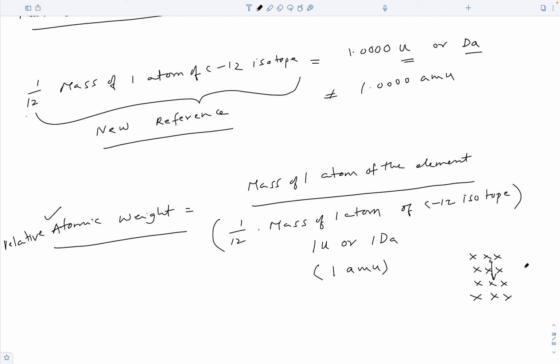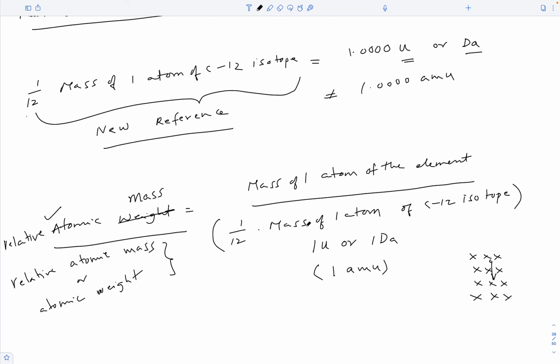Therefore, clearly mass and weight are two different things. What we have here is relative mass. Therefore, they replaced the word weight with mass. So they have come up with a new name for atomic weight, that is relative atomic mass. So relative atomic mass and atomic weight are one and the same.